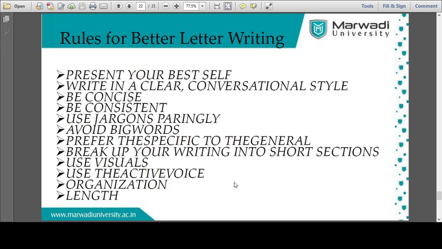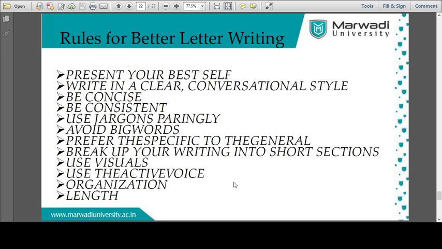Now, if we talk about the length, first, it depends on the type of the letter and the subject matter of the letter. Second, ideally, a letter should not look like essay writing.